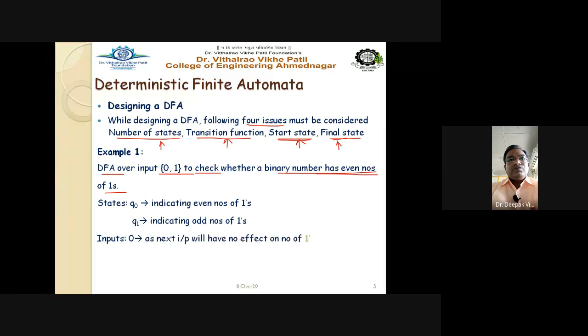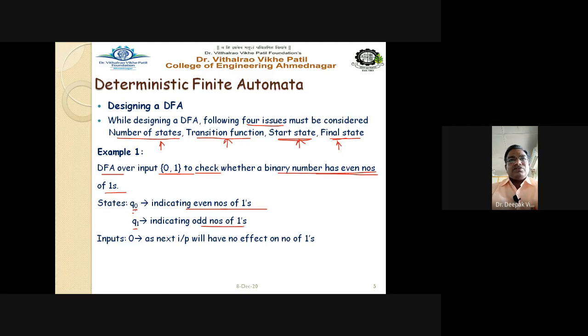Q0 is the state indicating an even number of 1s. Suppose you take any number, say for example 10, and we have to find out whether it has an even number of ones. So I define Q0 as indicating an even number of ones, whereas Q1 indicates an odd number of ones. So 2 states are possible for this.